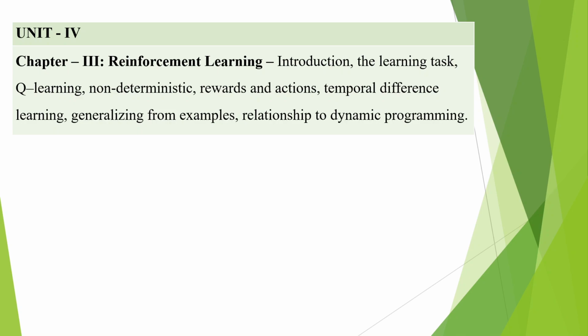Then we'll see a concept called Q learning and non-deterministic learning. Then rewards and actions. What are rewards? What are actions? Then temporal difference learning, generalizing from examples, and the relationship to dynamic programming. So all these concepts we'll try to cover in today's session itself.